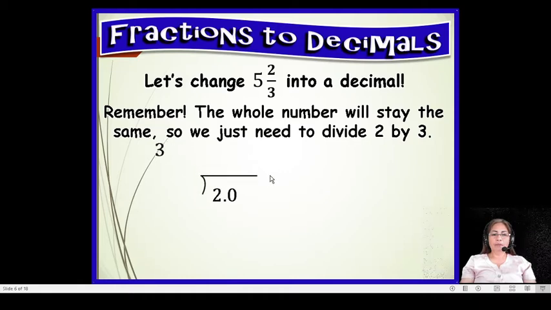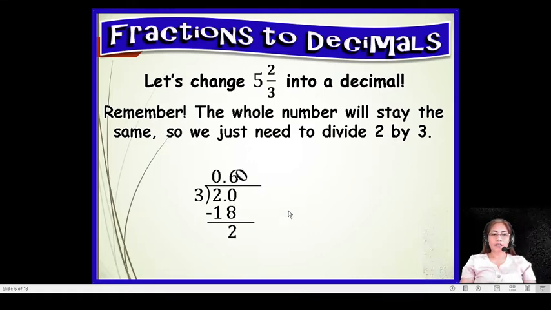2 divided by 3. Write a decimal point and add 0. Then, align the decimal point on top. So proceed as if dividing a whole number. 20 divided by 3 equals 6. 6 times 3 equals 18. 20 minus 18 equals 2.